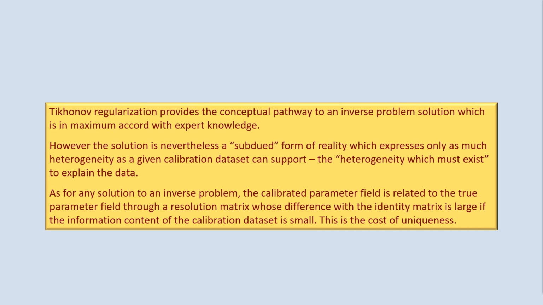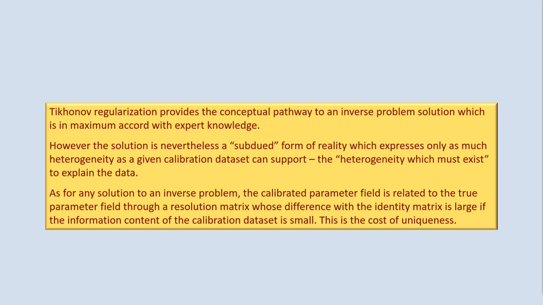The parameter field which emerges through solution of a non-unique inverse problem will always be a subdued form of reality, and the connection between the parameter field that we estimate and the parameter field that exists in reality is expressed through a resolution matrix. In practice, we don't calculate that resolution matrix, but we must calculate the uncertainty of predictions of interest if our model is being used to support decisions.